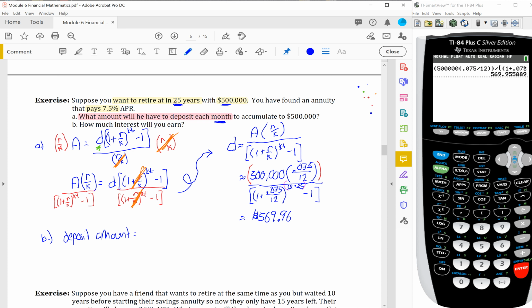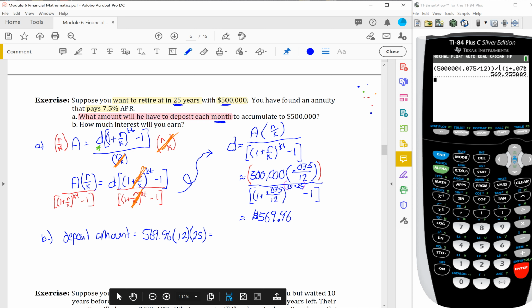So your deposit amount. So remember, you're depositing $569.96 every month. And you're doing that for 12 months a year. And you're doing that for 25 years.